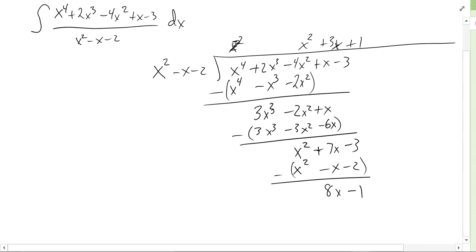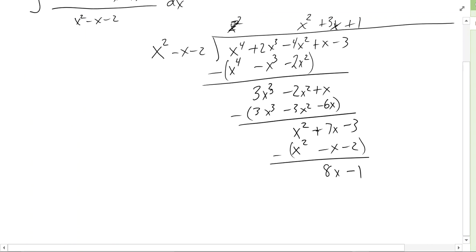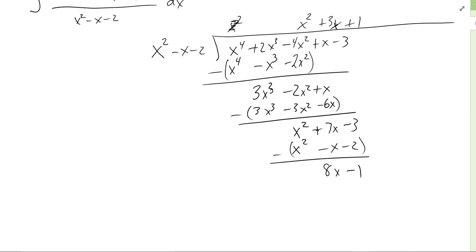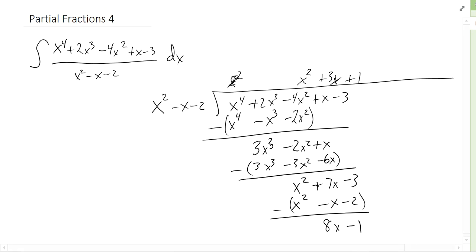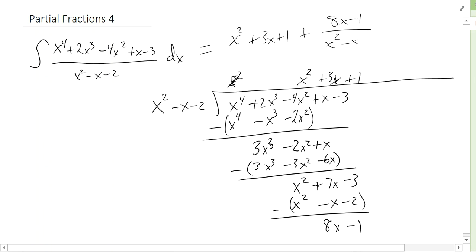What I can do is I can rewrite this division as this integral, which is just x squared plus 3x plus 1 plus 8x minus 1 over the x squared minus x minus 2 dx. That's all inside the integral there.